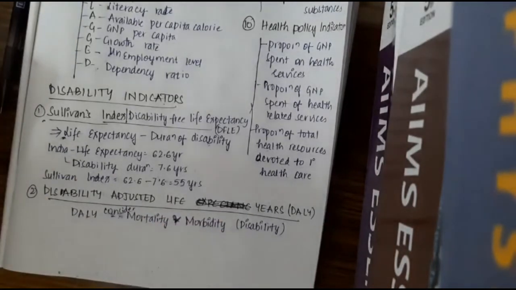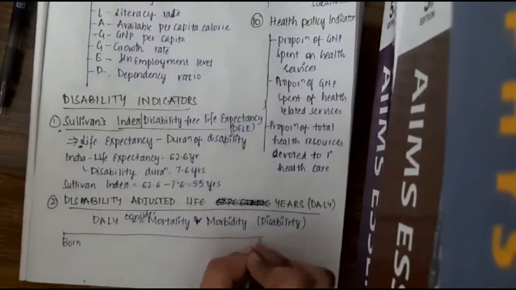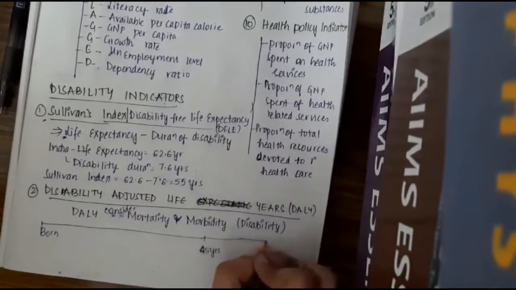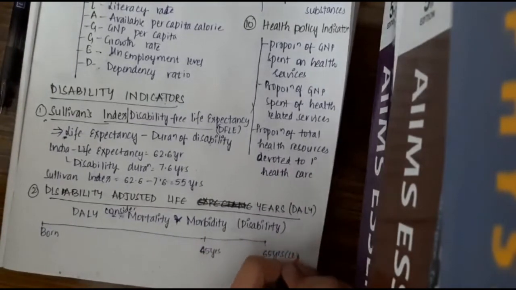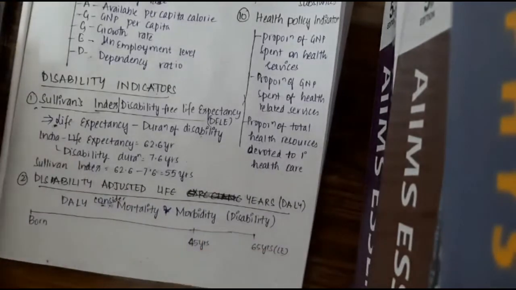So first we will assume that a person is just born and he has some issues. His disability started at 40 years, and 65 years is the life expectancy of the individual, but he died at around 45 years.